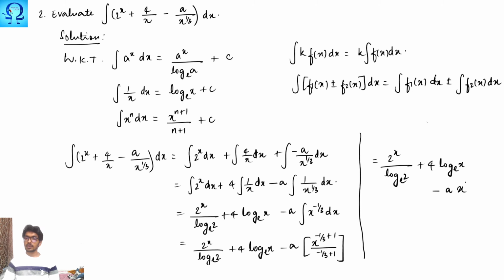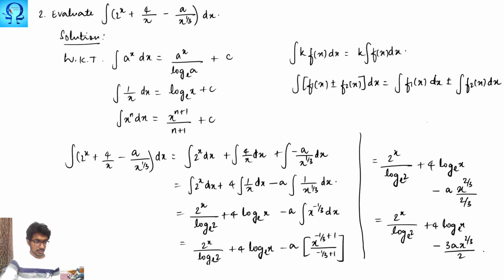It is x^(2/3) upon 2/3, and if you want, you can take the denominator to the numerator, and hence the answer is minus 3a x^(2/3) upon 2, and this completes this problem.